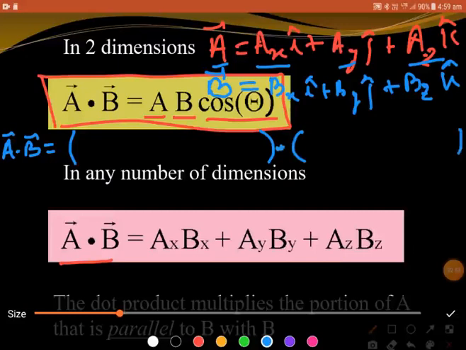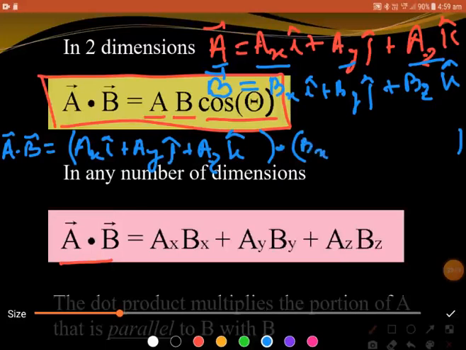So let's write first the components of the first vector, like this. Similarly for b also, bx i cap plus by j cap plus bz k cap, like this.